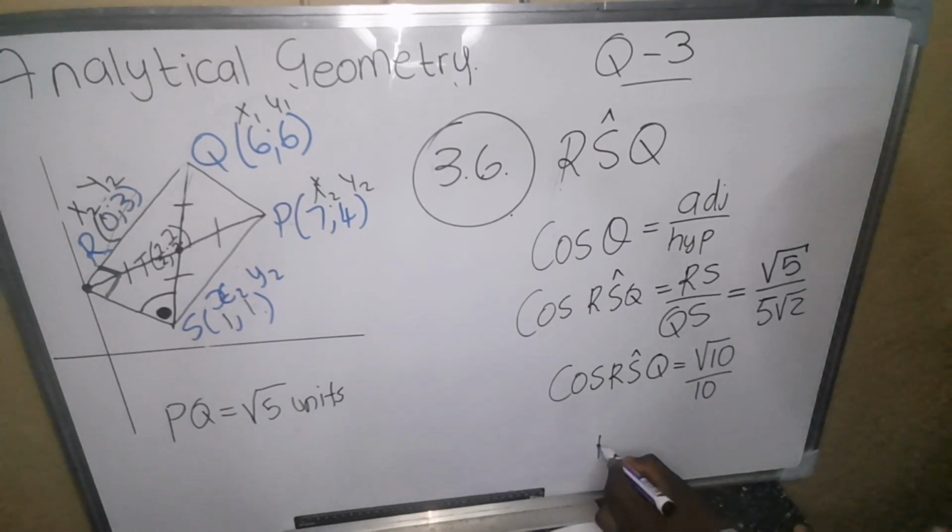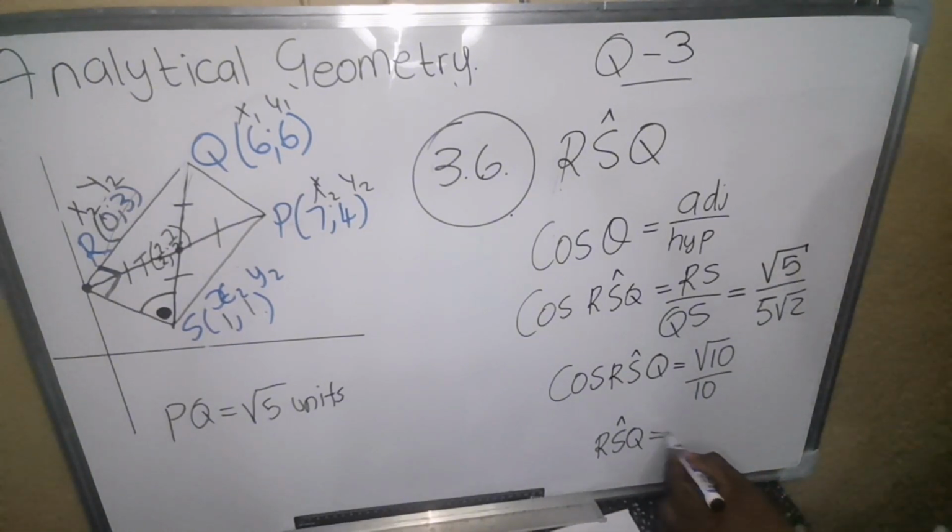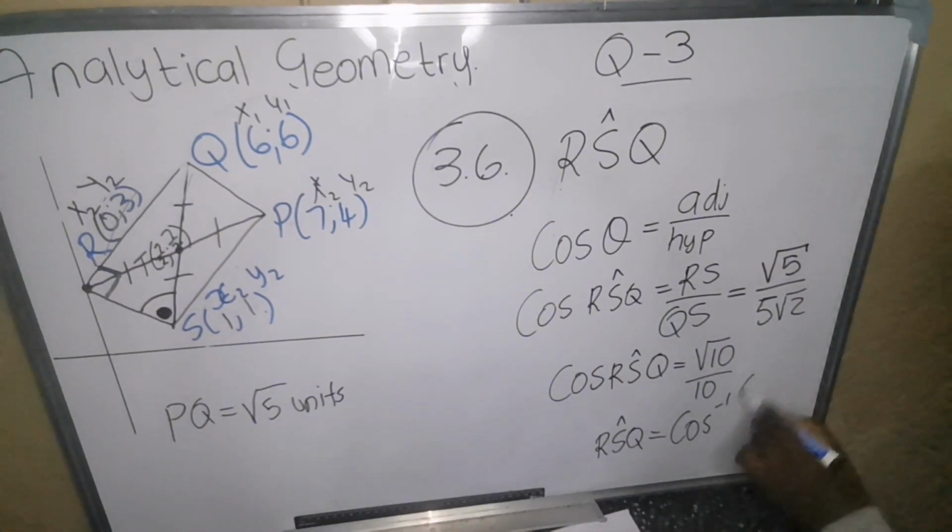Therefore, RSQ equals the inverse cos of square root of 10 over 10.